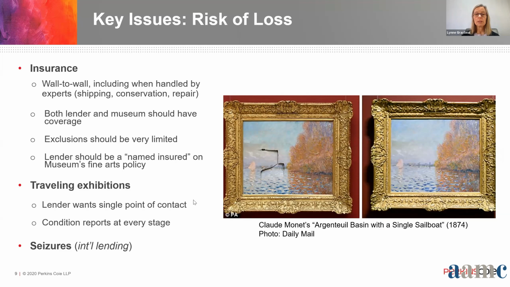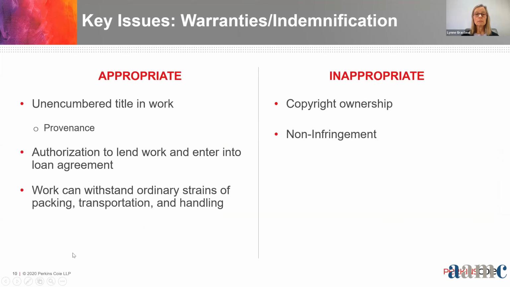Next slide, please. I want to cover a little bit on lender warranties, and then Colleen will cover this as well. But the lender is often asked to provide a warranty and indemnification for topics that they're really not in a position to provide those warranties and indemnification.